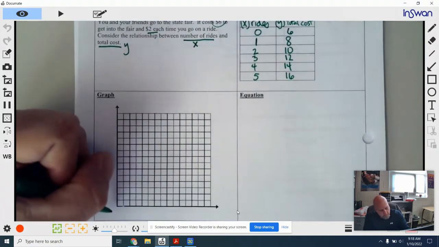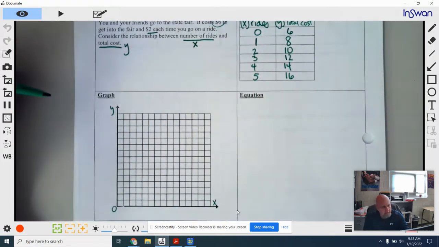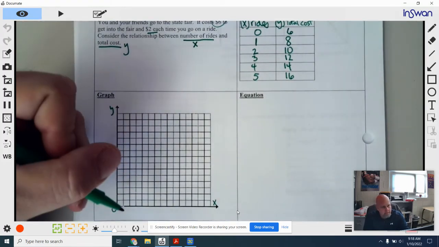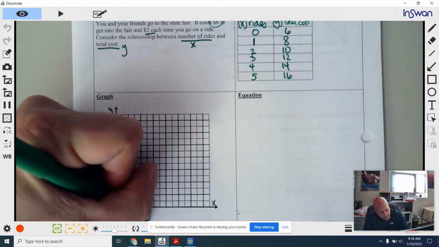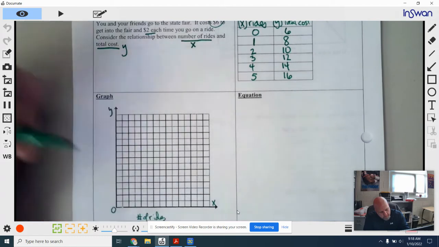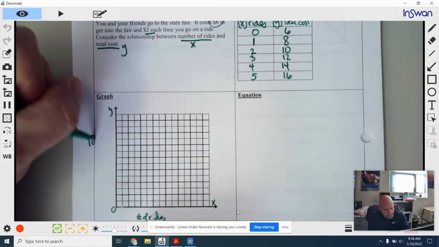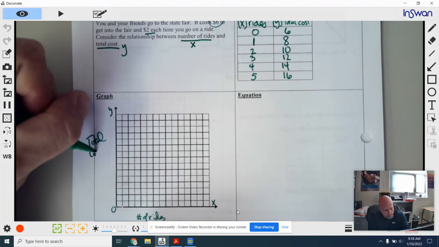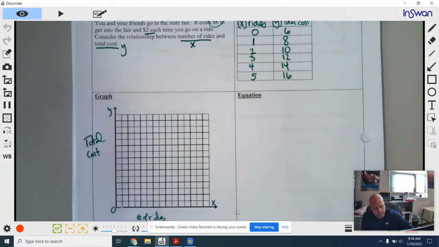Let's go ahead and put our 0 in the corner. Put our X, put our Y, and then label our axes. So X, we can say down here, this is the number of rides. And for my Y-axis, we could say over here, this is our total cost. Okay, checking out our X's.